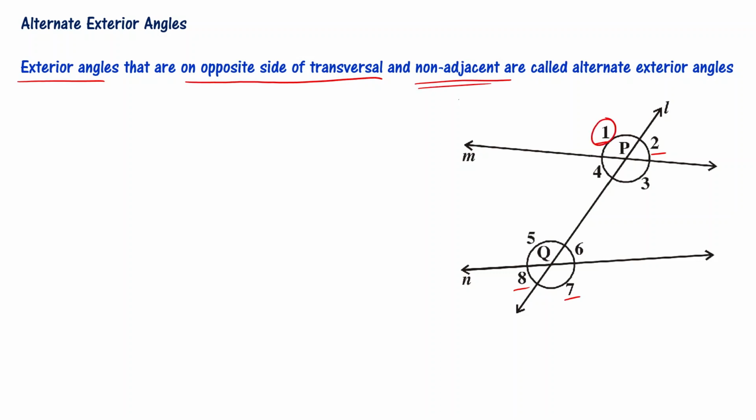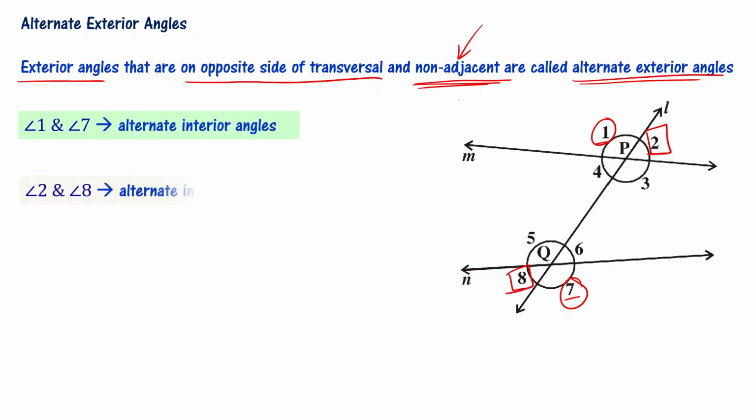Opposite side of the transversal 1 and 7 opposite side of the transversal ఉన్నాయి and at the same time they are not sharing a common vertex, right? For that reason they are called non-adjacent angles and that's why they are alternate exterior angles. 1 and 7 is a pair of alternate exterior angles and 2 and 8 is another pair of alternate exterior angles, right?